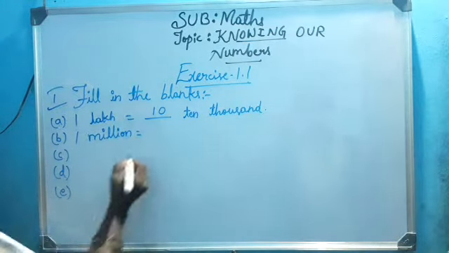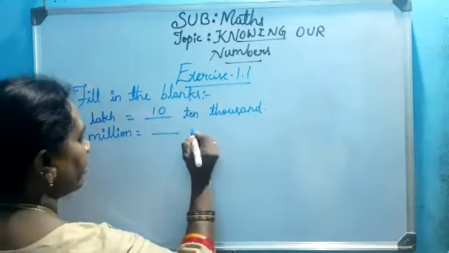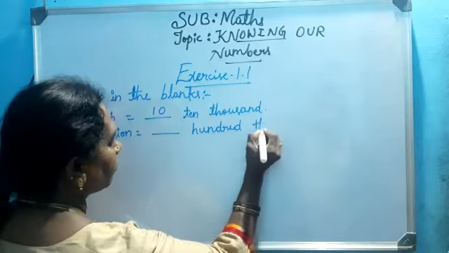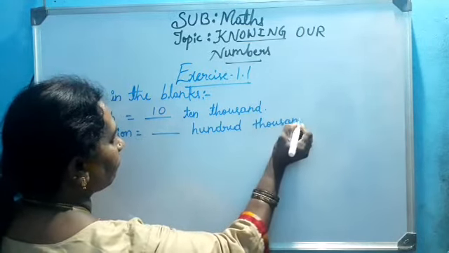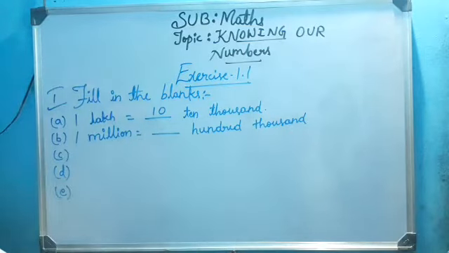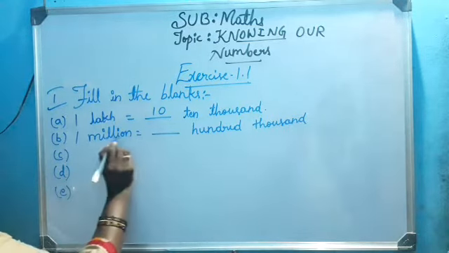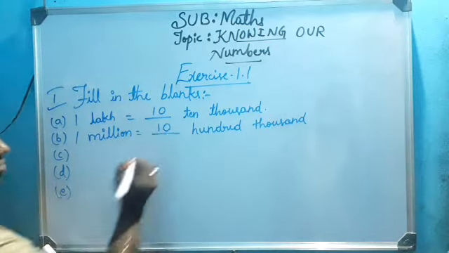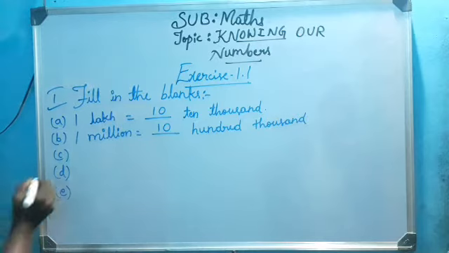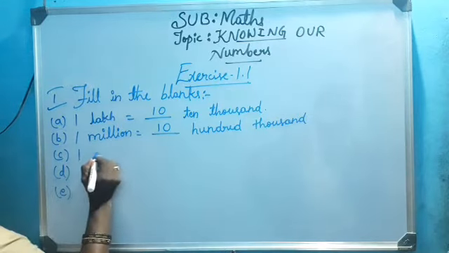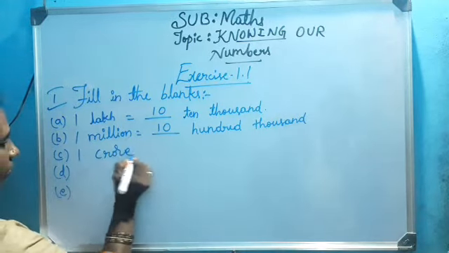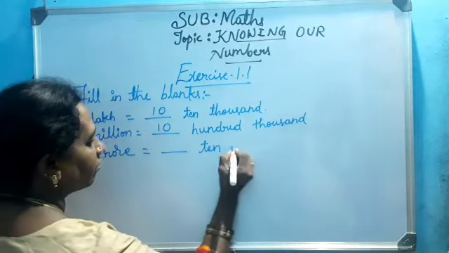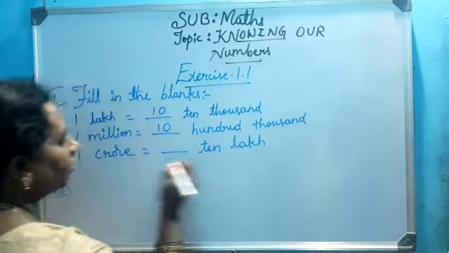The next question: 1 million is equal to dash 100,000. So 1 million is equal to how many 100,000? The next question: 1 crore is equal to dash 10 lakh. How many lakh, children?